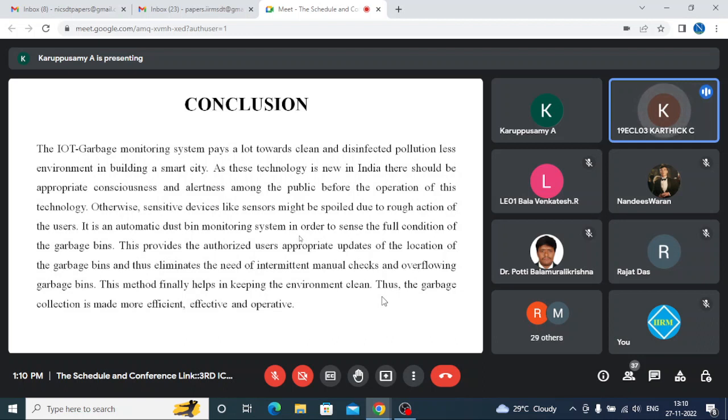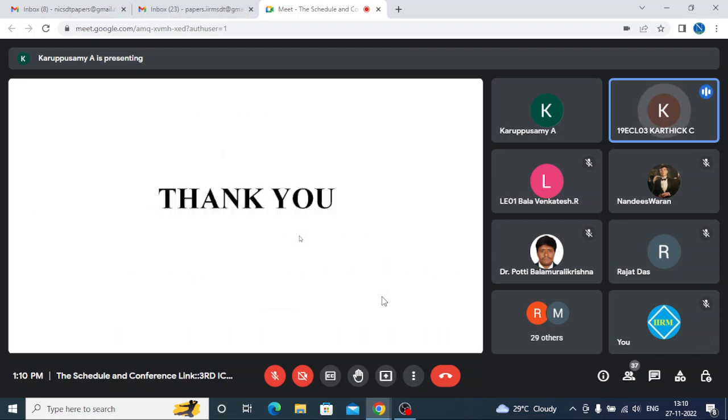In the automatic dustbin monitoring system, the system sends the full condition of garbage bins. It provides the authorized user an appropriate update of the location of the garbage bins and the ones that need intermittent manual checks for overflowing garbage bins. The method finally helps keep the environment clean. The garbage collection is more effective and operative. Thank you, sir. Any queries, sir?